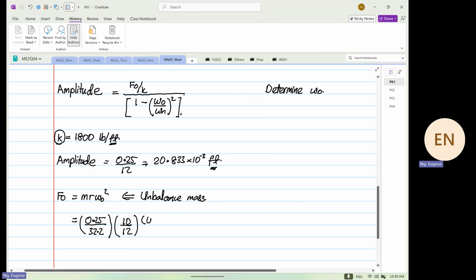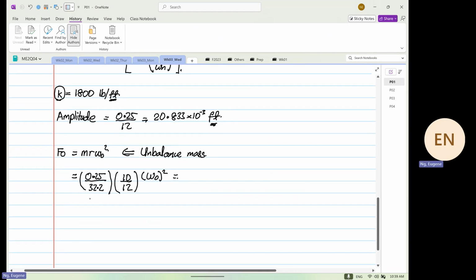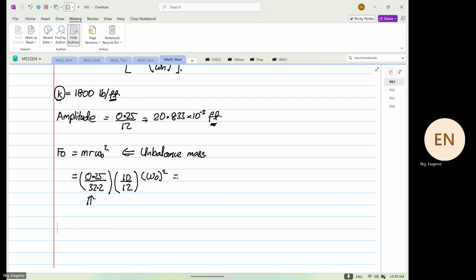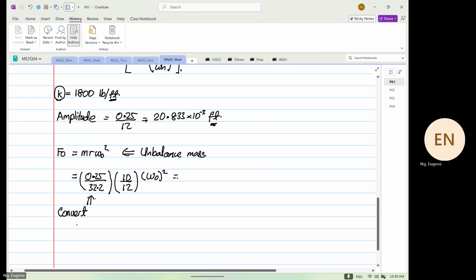And then we have our omega naught squared. So over here, this factor is to convert pound to slug, and this one is to convert inches to feet.